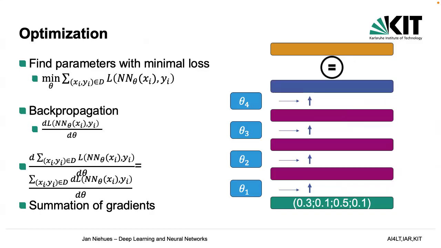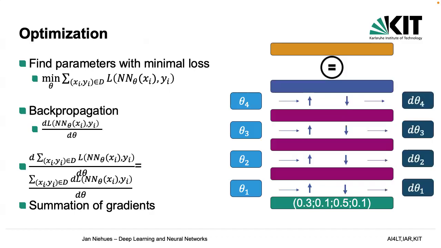Then we can take another example in there. We are again doing our forward pass, calculating the new values, and then calculating our derivations. And these need to be added up to the previous ones, so that we store them and accumulate them over all the steps.